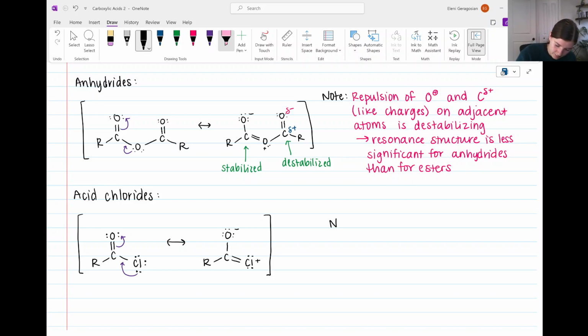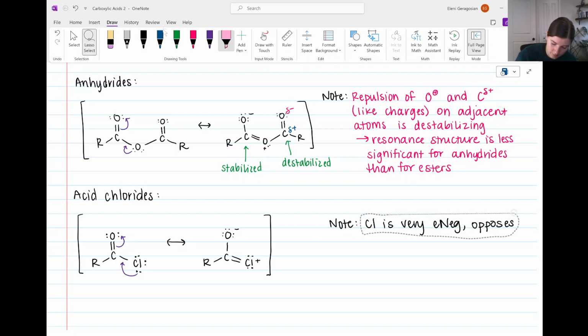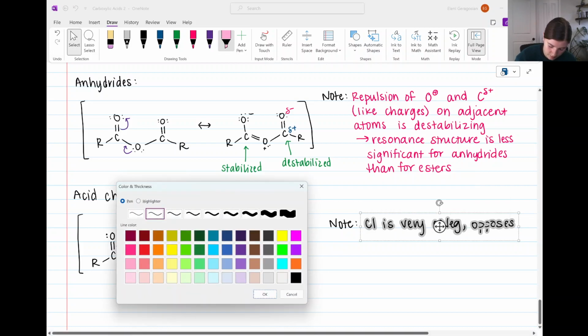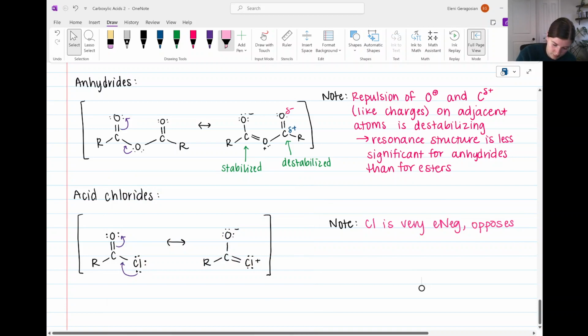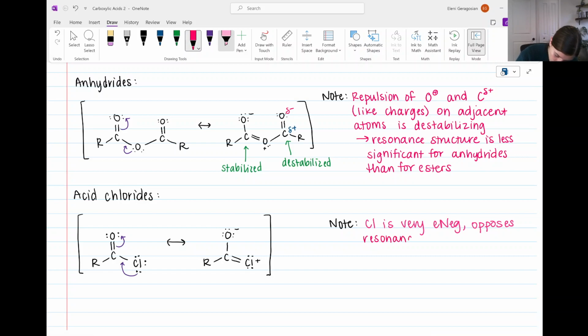So our note here, see, chlorine is very electronegative. So it opposes this resonance interaction. There's another property of chlorine that's also very important here.